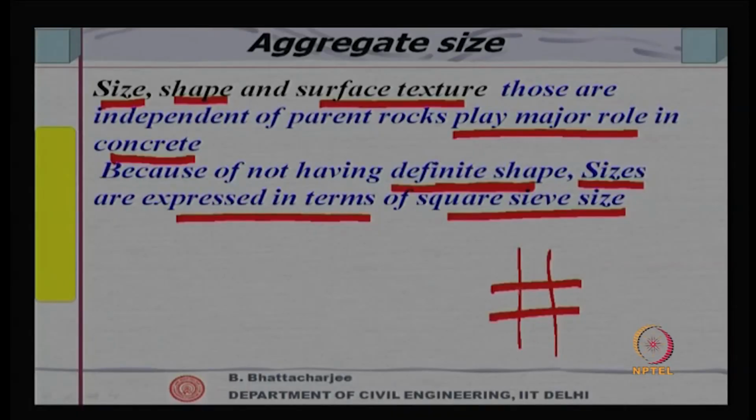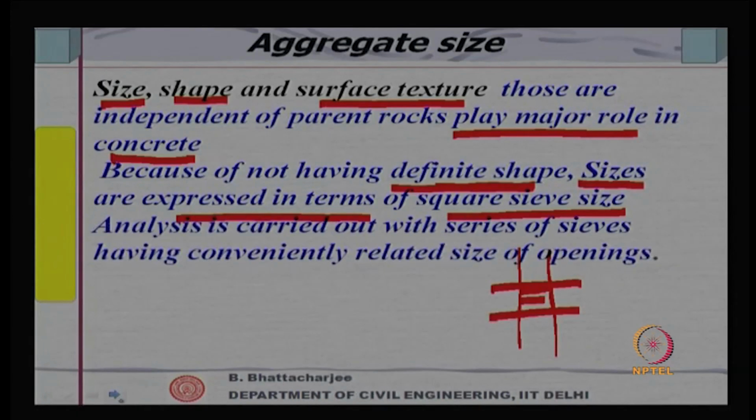Size also varies. So, their sizes are defined in terms of square sieve size. You have square sieves, and the size we talk about is the square sieve side length. So, size is related to sieve size.